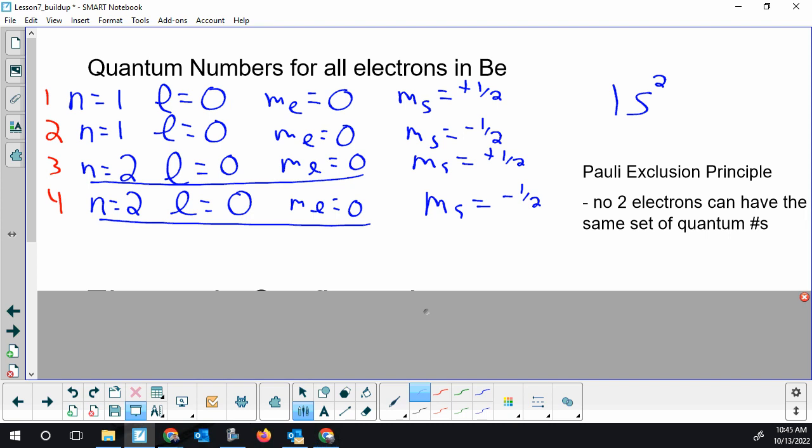Electrons 3 and 4 are in the second shell, the s subshell, and there are 2 electrons in that s subshell. We're good with the Pauli exclusion principle.